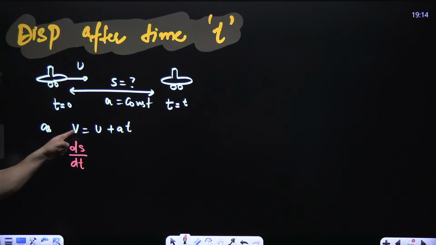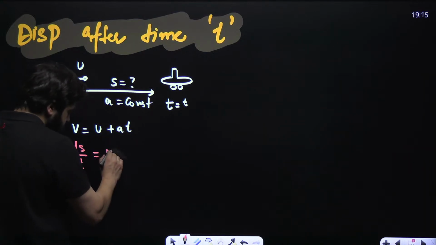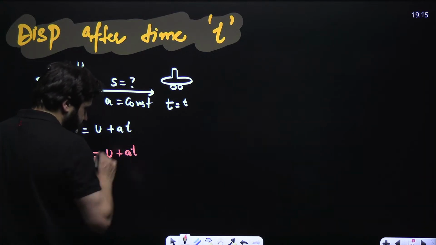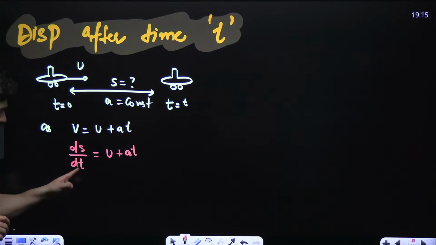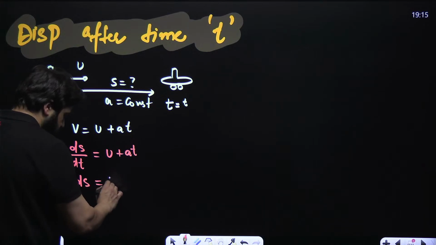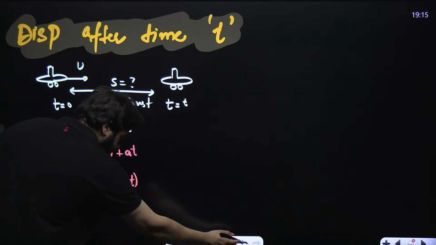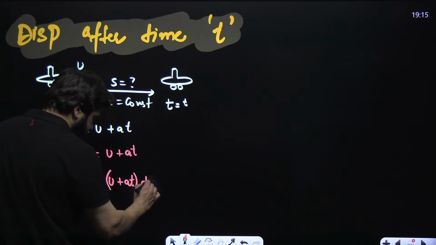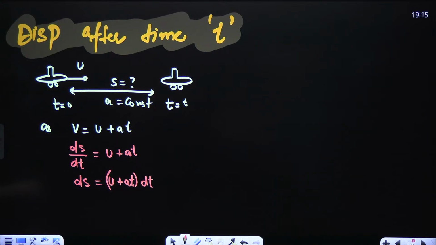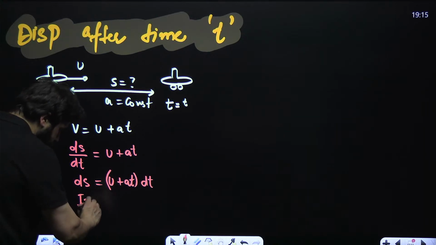I'll write this velocity as ds by dt, and over here this is u plus acceleration into time. I want you to multiply this over here, so this will be ds is equal to u plus a into t, and we write over here this is dt. Now guys, in this particular case, integrate both the sides.